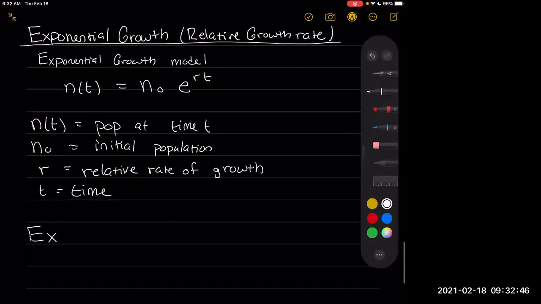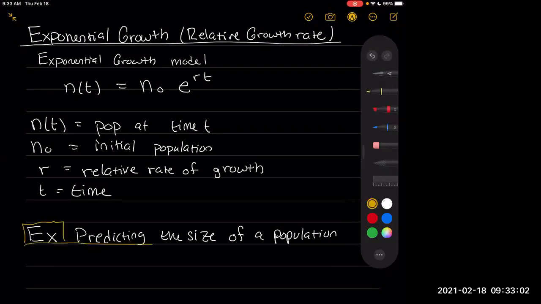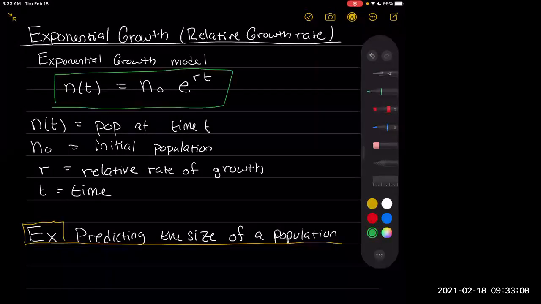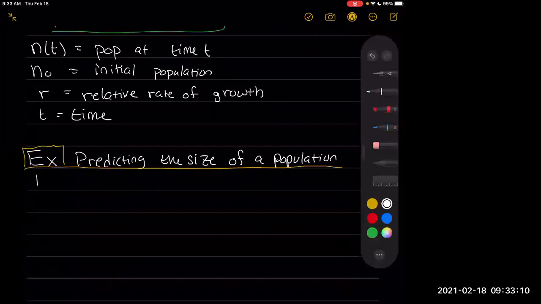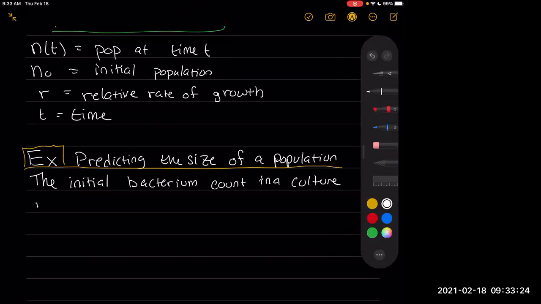So we're going to look at an example, and this is predicting the size of a population. So the initial bacterium in a culture is 500.